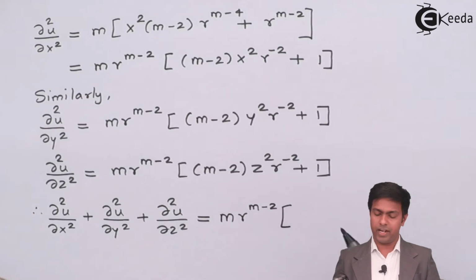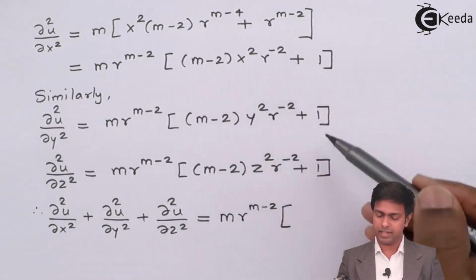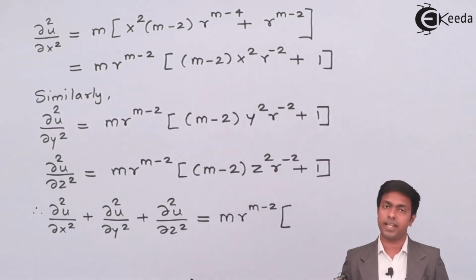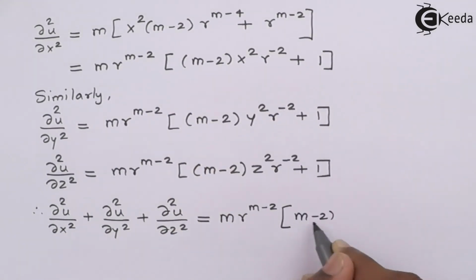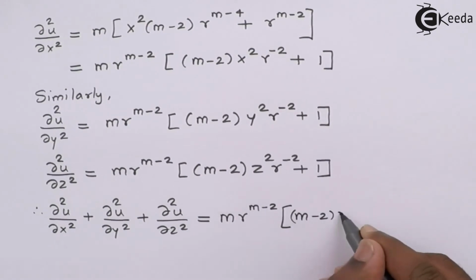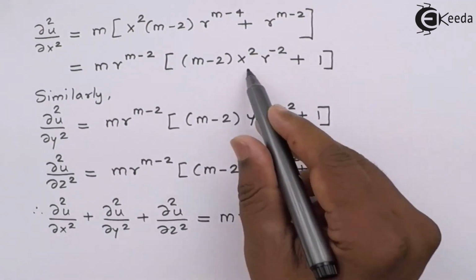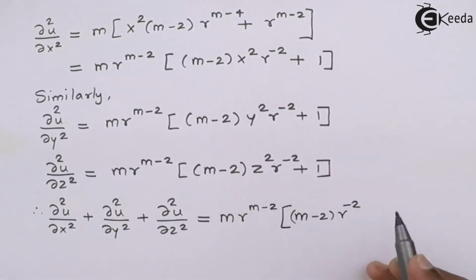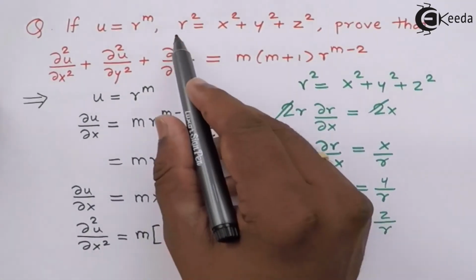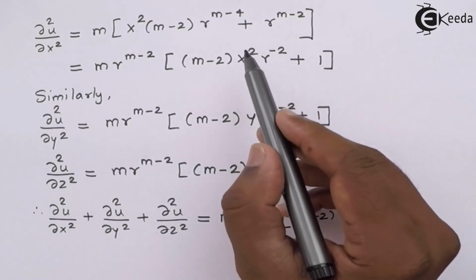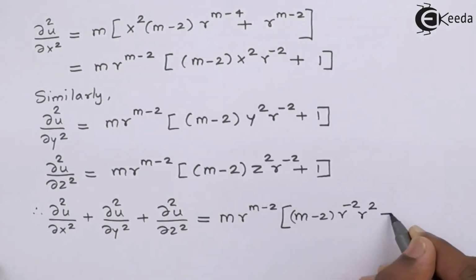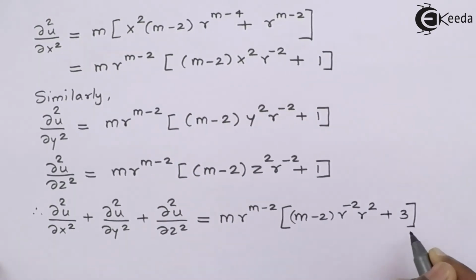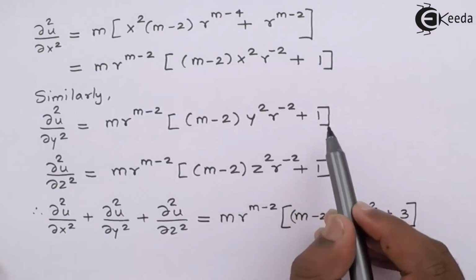Now in the bracket we will add these three terms. So 1 plus 1 plus 1 will give us 3, and here again we can take m minus 2 common, then r to the power minus 2 common, and x square plus y square plus z square will come in bracket and its value is given as r square. So this x square plus y square plus z square is going to give us r square, plus 3. So 3 we are getting due to this 1 plus 1 plus 1.